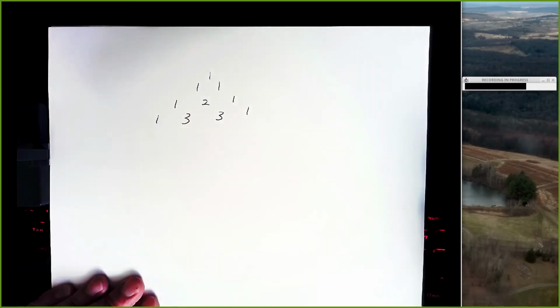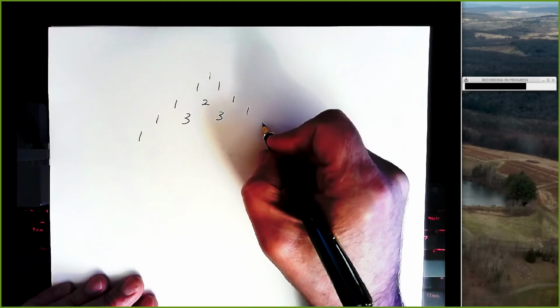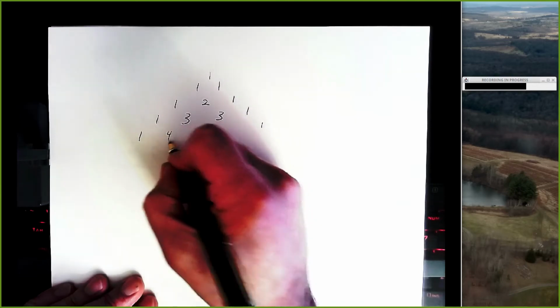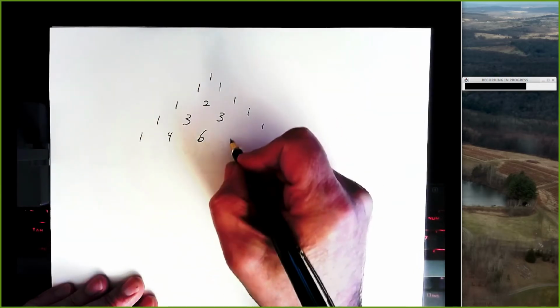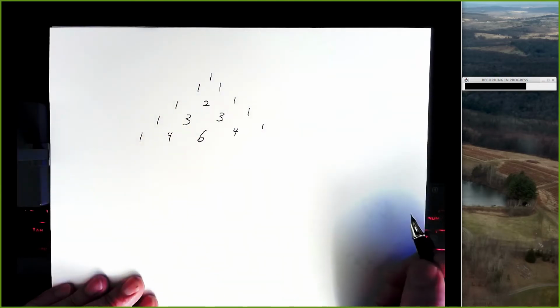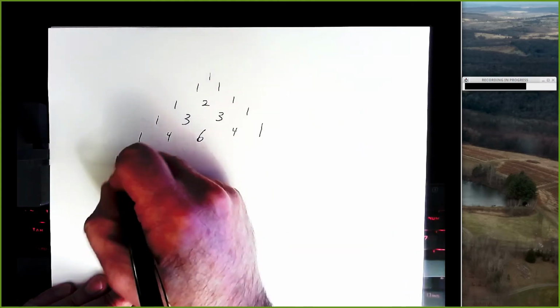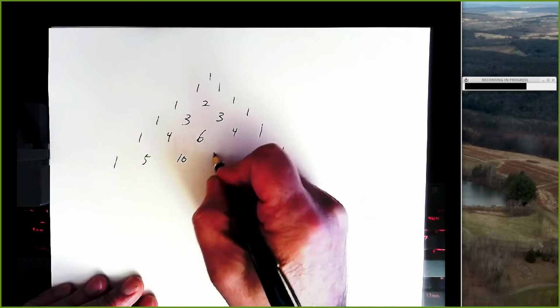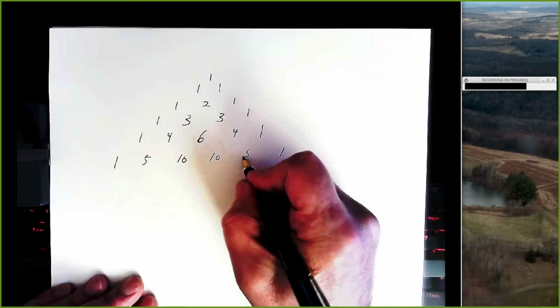There's the fourth row. Fifth row, put a pair of 1s on the end, and then each term in here is the sum of the two terms above it. 1 plus 3 is 4, 3 plus 3 is 6, 3 plus 1 is 4. And you can just keep doing this. 1 and 4 is 5, 4 and 6 is 10, 6 and 4 is 10, 4 and 1 is 5.